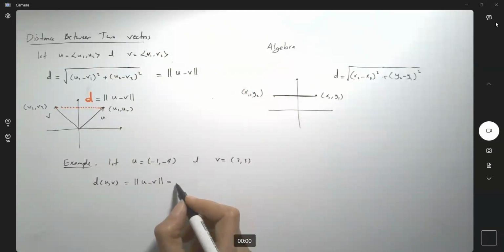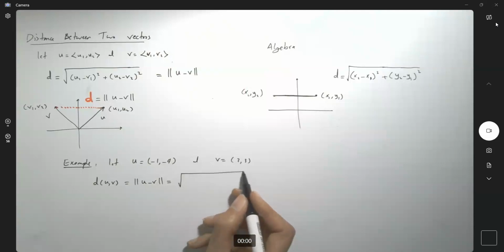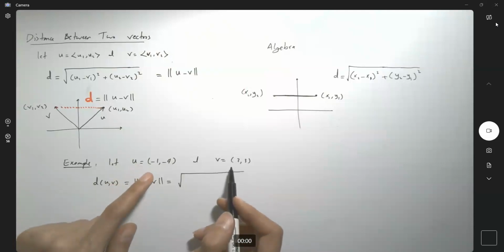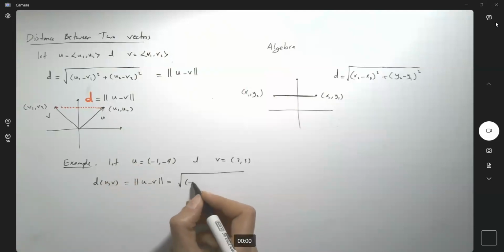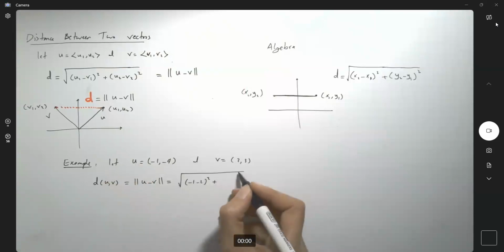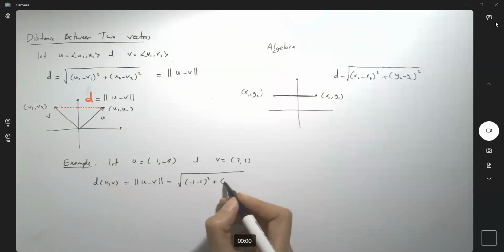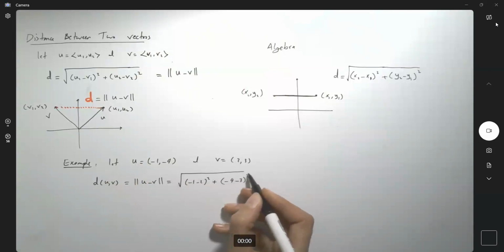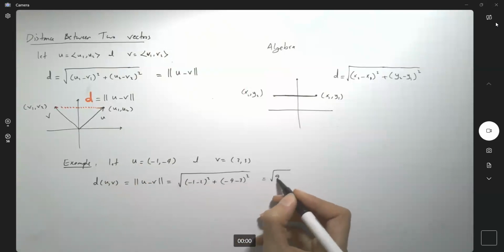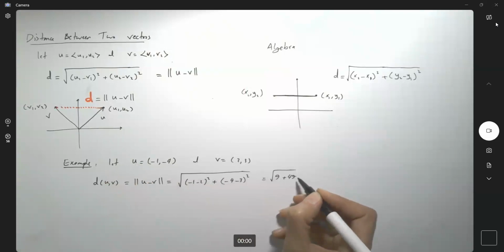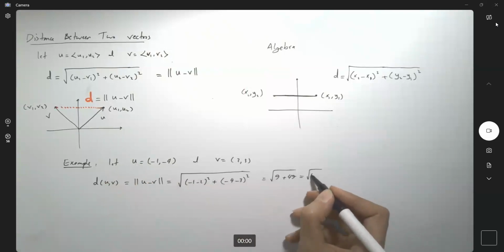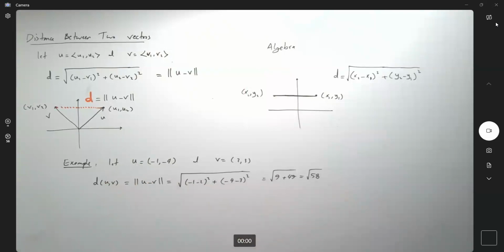Basically, you're finding the square root of the difference between x values, -1 minus 2, squared, plus the difference between y values, or the second components in this case, to the second power. So here you have 9 plus 49, which is the square root of 58. That's the distance, or length, or magnitude between these two.